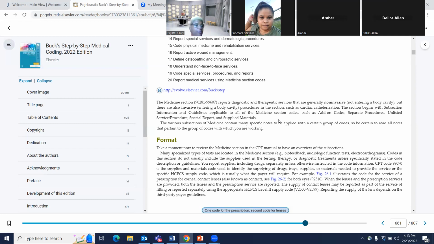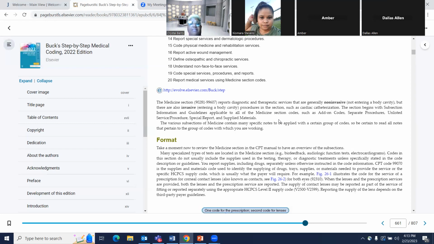It breaks down on that front page of the medicine section where to find and look up those codes. Immune globulins, that's what we're about to talk about now. Immunizations, administrations for vaccines. It's telling you the ranges, as well as in your textbook, the ranges that you would find this information.